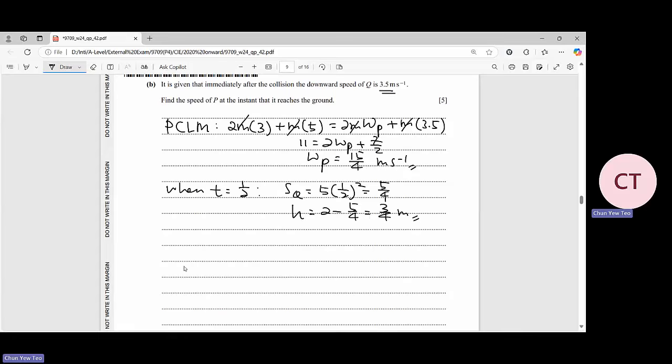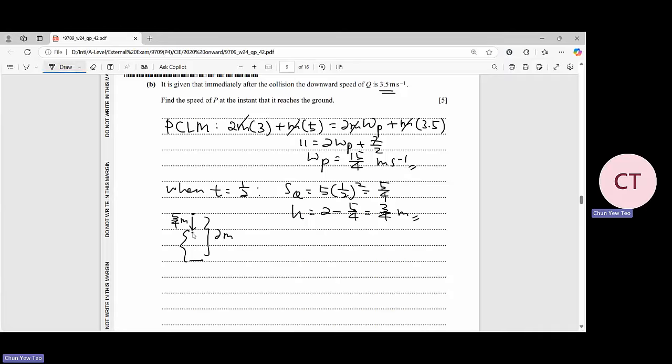Why do we need to take 2 minus 5 over 4? It is because the original height of Q above the ground is 2, but Q is moving this way, so Q has already moved 5 over 4 meters. Then for the height over here, you need to take 2 minus 5 over 4. That is the reason we put the height as 3 over 4 meter only. After they collide, both of them are moving downward.